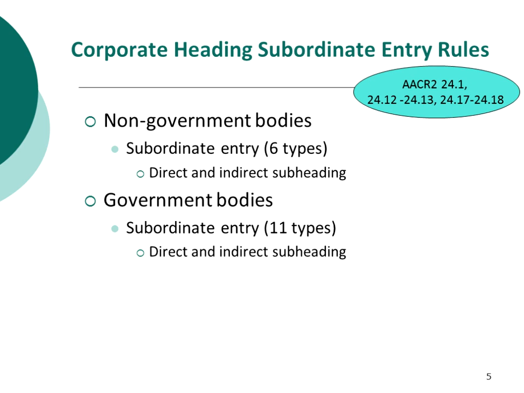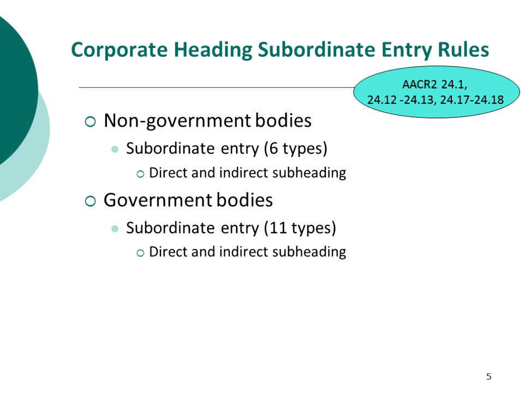Now, once you decide a corporate body needs to be entered subordinately, as you all know, AACR2 spends a big chunk of area to cover the subordinate entry rule. Now, I have to point out, this does not mean that most corporate bodies are entered subordinately, just because it's covered so much.